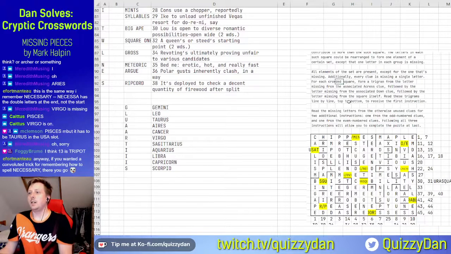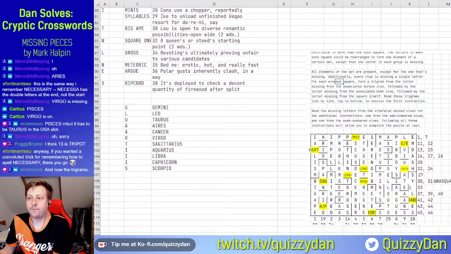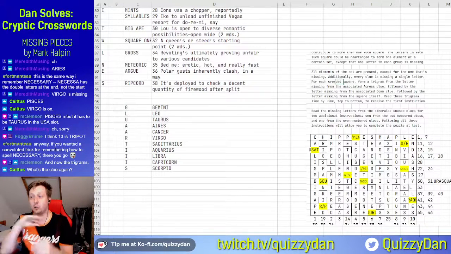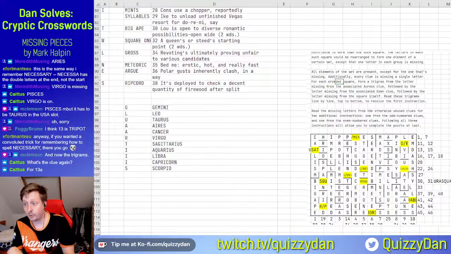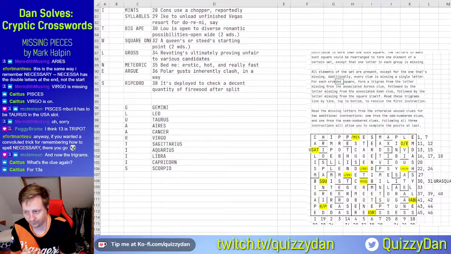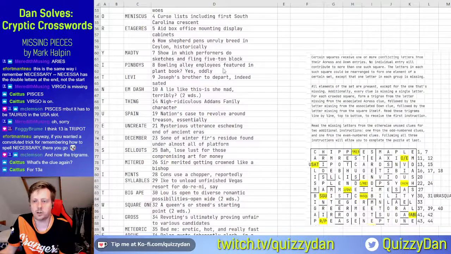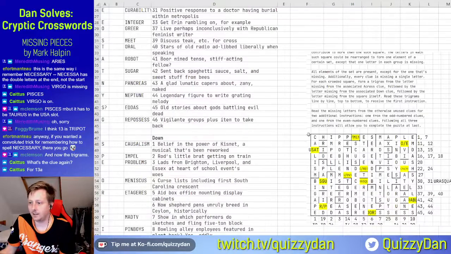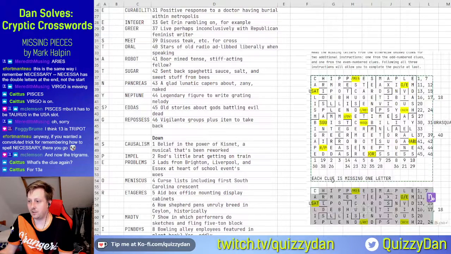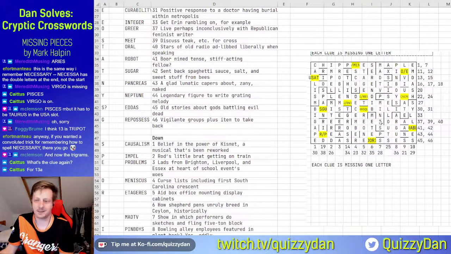Okay. For each crowded square, form a trigram from the letter missing from the associated across clue, then the down clue, and then the letter missing from the square itself. So now for the trigrams. For this one across, I'm going to copy this just in case a bad thing happens.